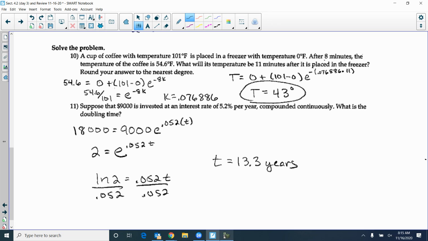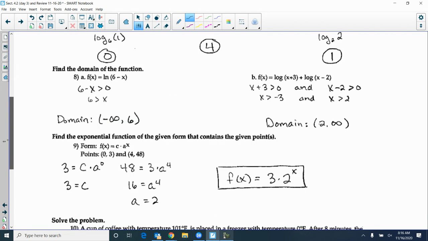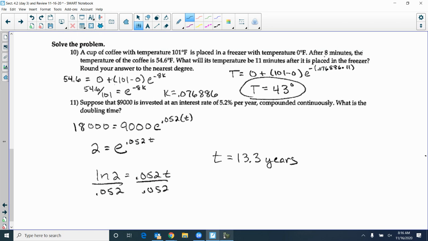So the equations, for those of you watching at home, will be whatever's at the top: the compound interest formula, continuous compound interest, exponential growth and decay, and Newton's law of cooling. And I'll keep that up so you can see if you're doing it right.